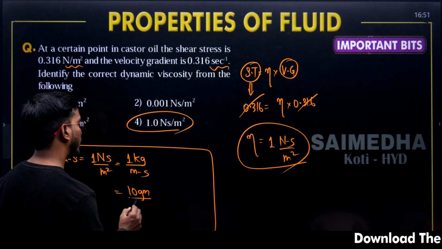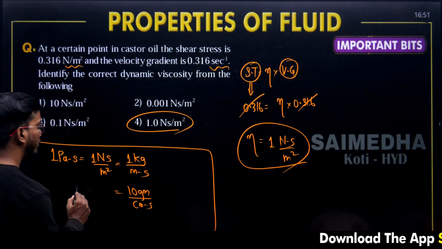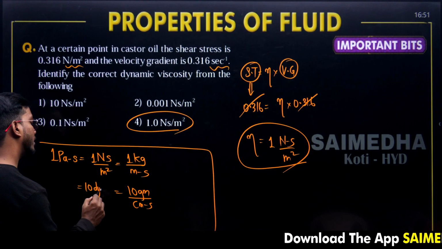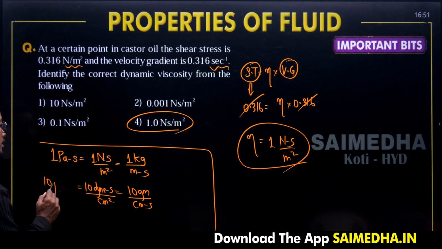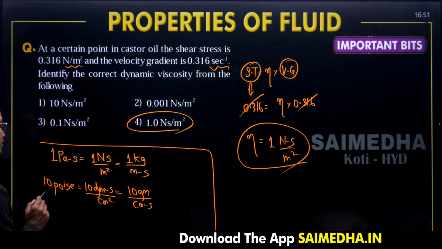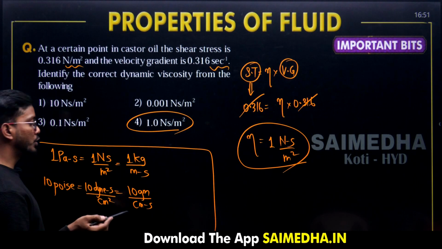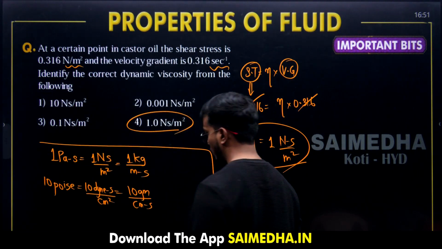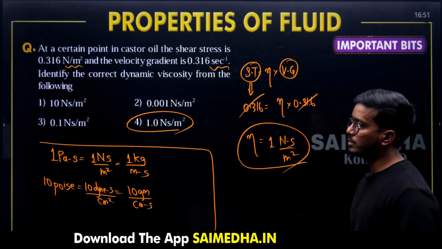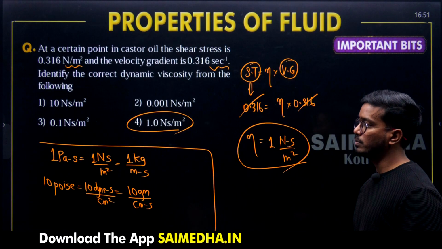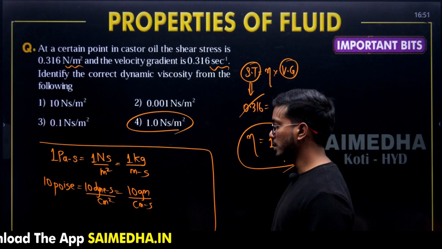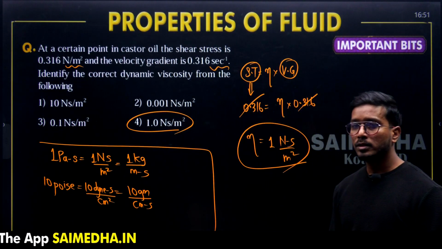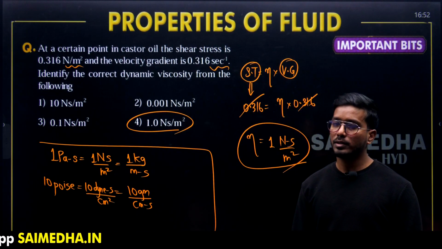So 10 gram per centimeter second is equal to 10 dyne second per centimeter square, that is equal to 10 poise. Okay, that is equal to 1 poiseuille also you can say. Go through all the units at one place. Pascal second, Newton second per meter square, kg per meter second, poise, dyne second per centimeter square, gram per centimeter second or poiseuille.